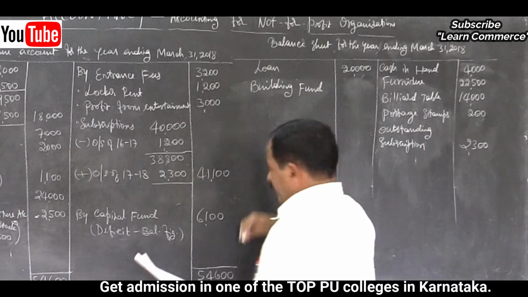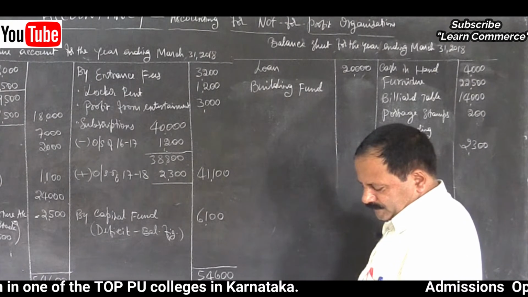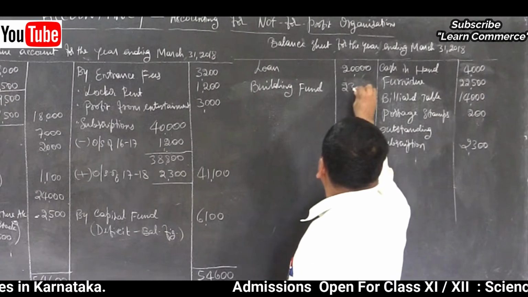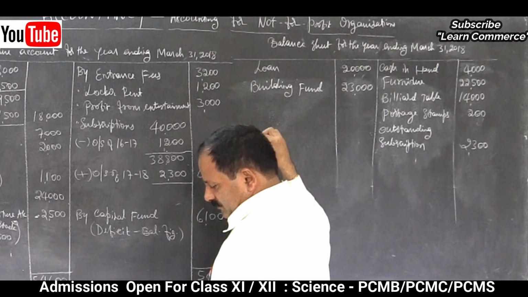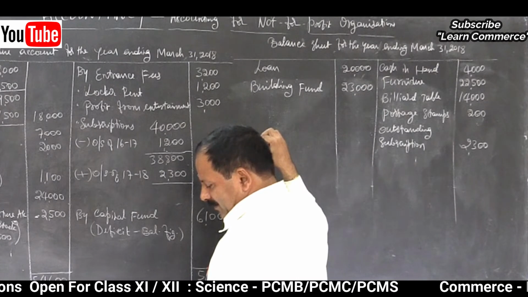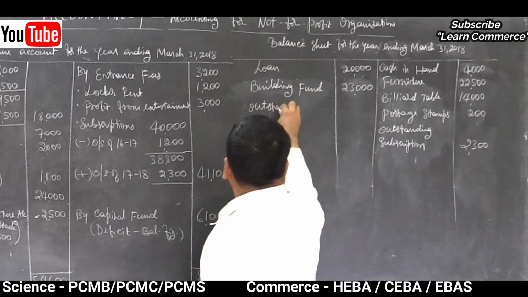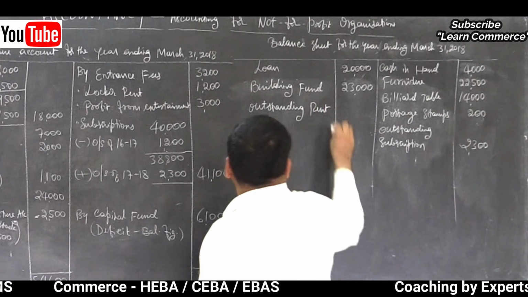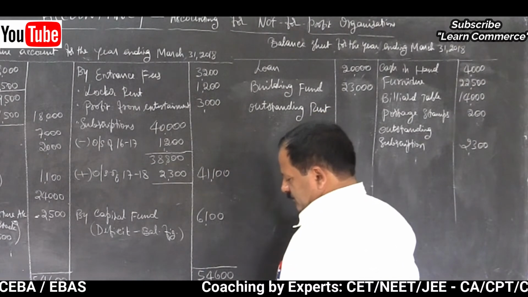Building fund how much? 23,000. Then outstanding rent. Outstanding rent is a liability, how much is it? 1,500.